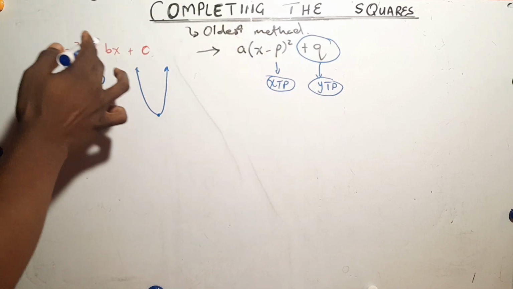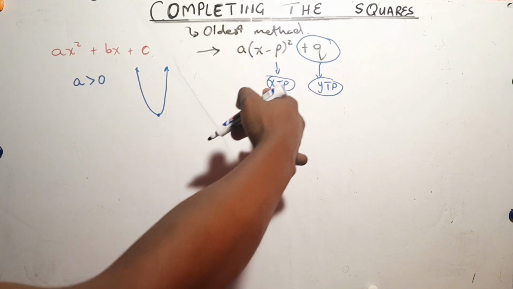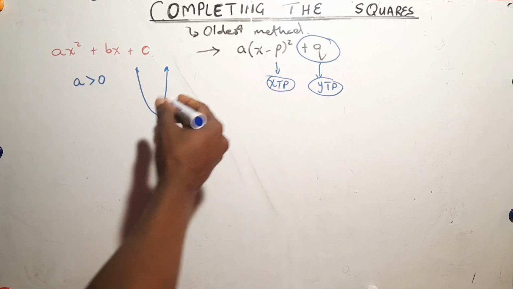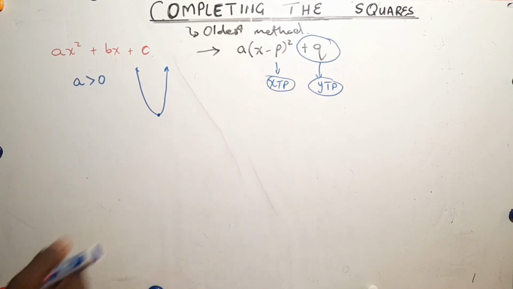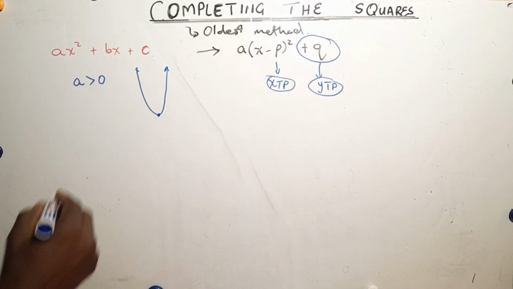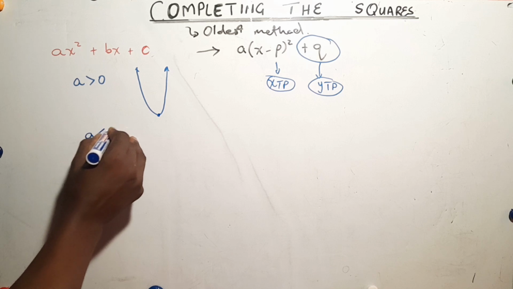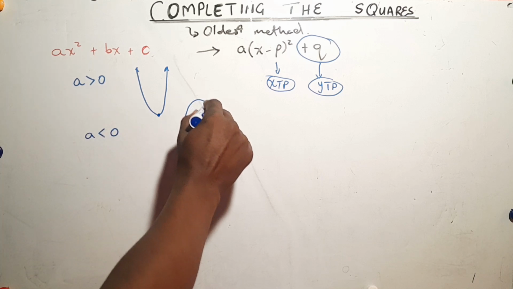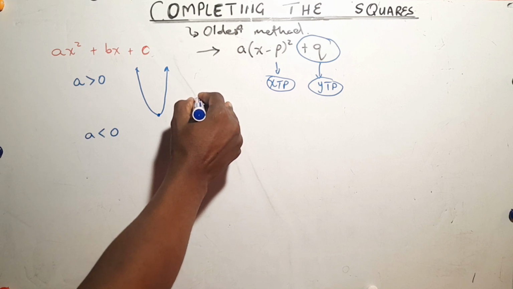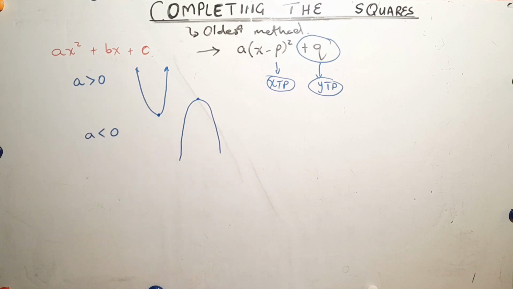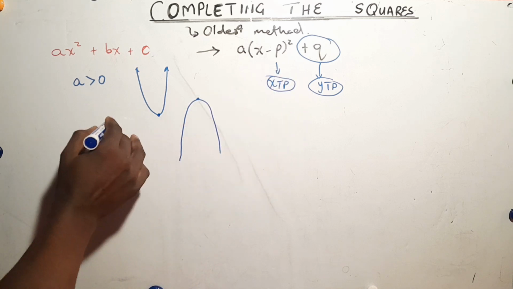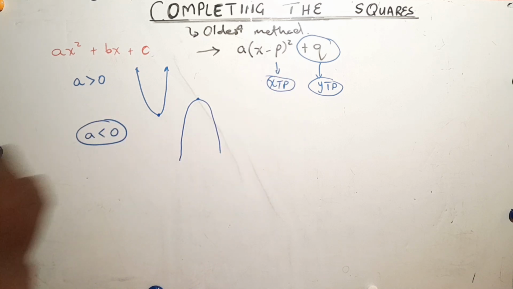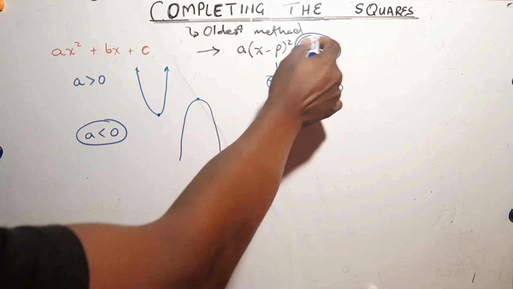So you can see already that this has given us the turning point and also the minimum point of a function. And if your a value is less than 0, if this is negative, then you are going to have a maximum point, since it will be concave down like that. So you are going to have a maximum point if your a is less than 0, and still this will be your maximum point.